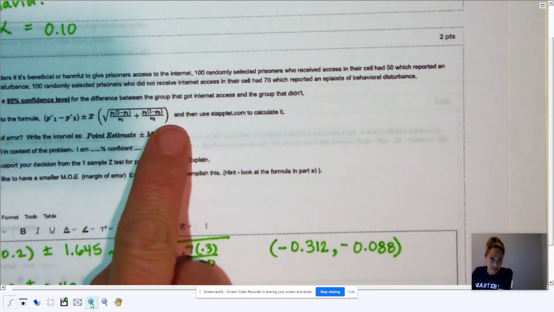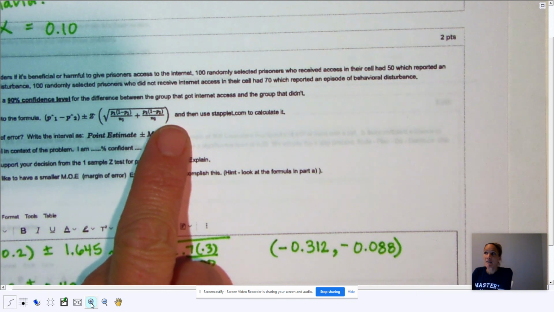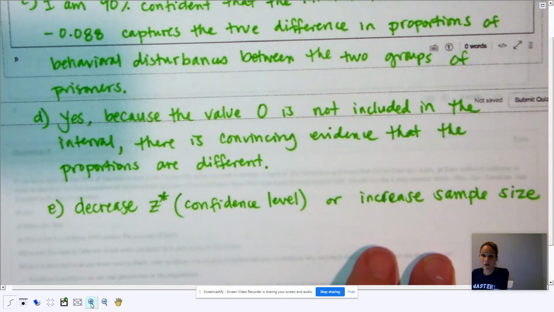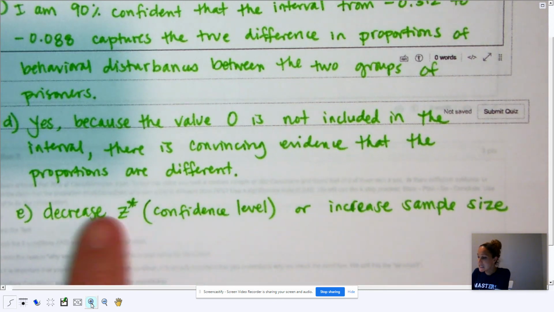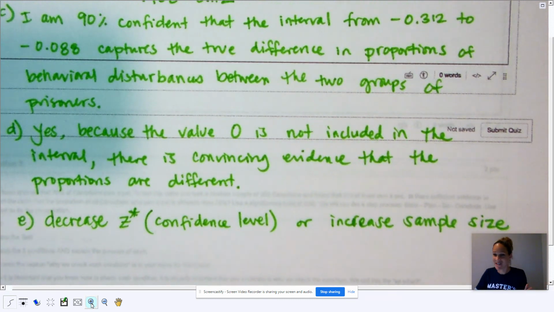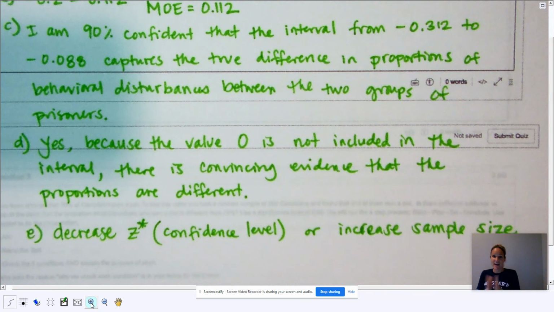We're dividing by the sample size. So if I divide by a larger number, that makes those values get smaller. So the two ways to get a smaller margin of error would be either decreasing the confidence level or increasing the sample size. That is it for your two proportion test review problem.